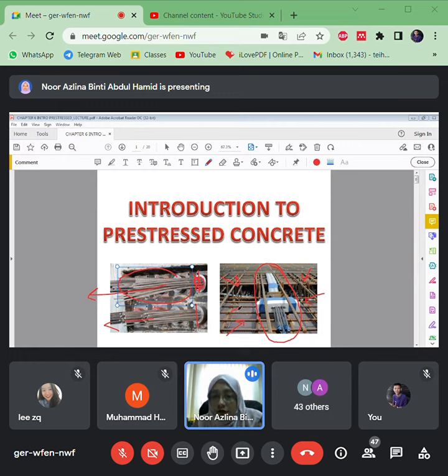The other reinforcement is still provided, but there will be additional special tendons to transfer the loads and make the structure more into compressive strength. Okay, that's it for today. If it comes in the final, it is more on theoretical. There's no calculation for this one.